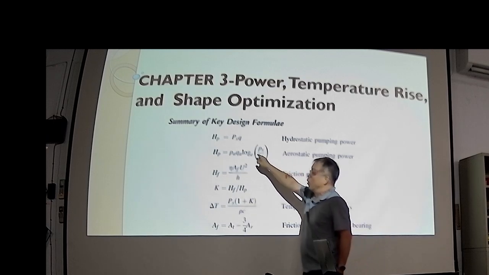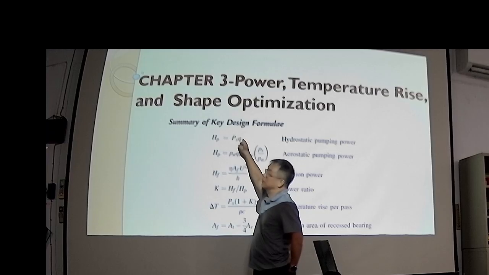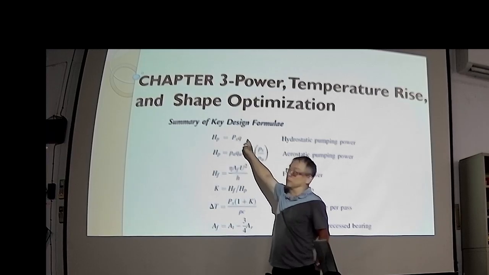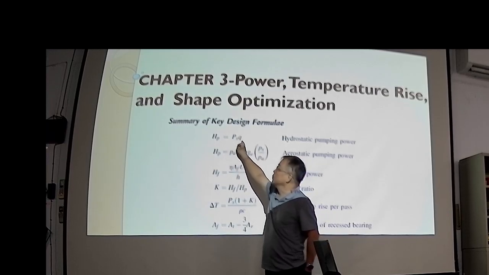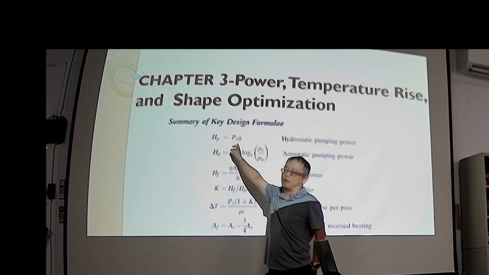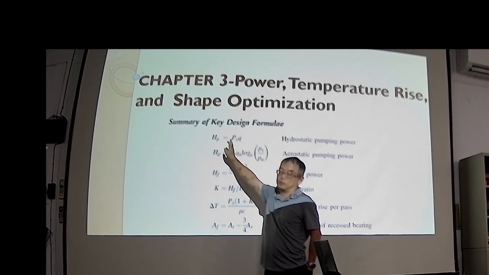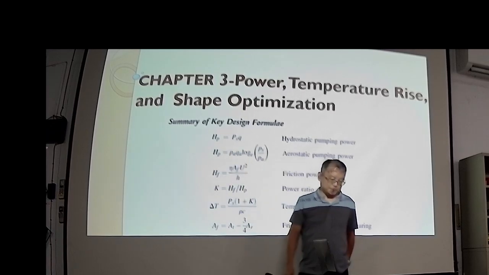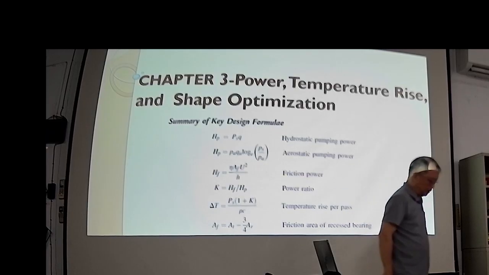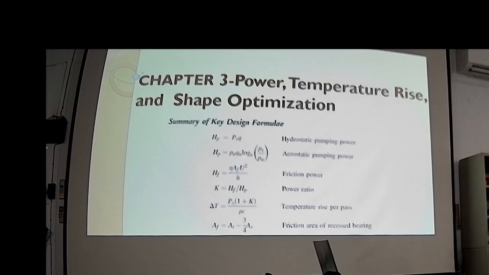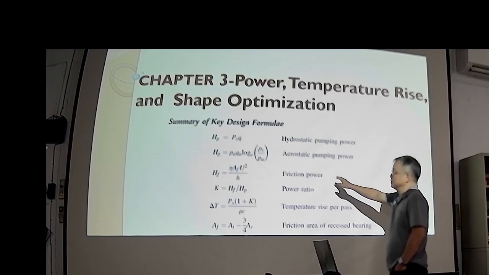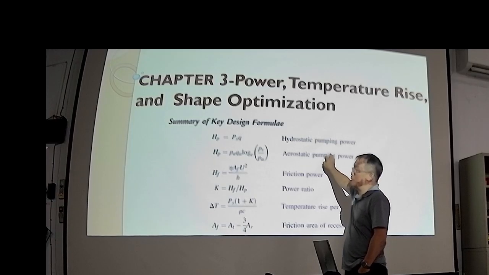So we know the overall volume flow rate for the bearing multiplied by the supply pressure, then we will have the pumping power for the hydrostatic bearing.